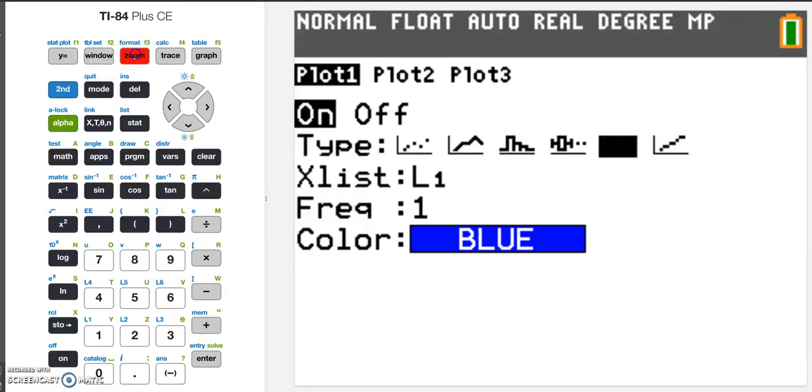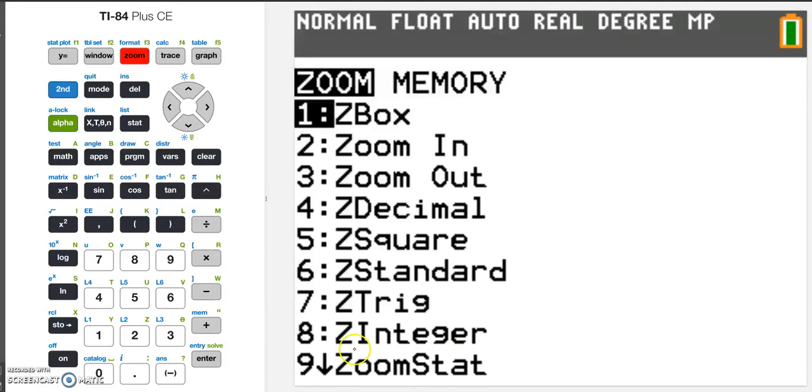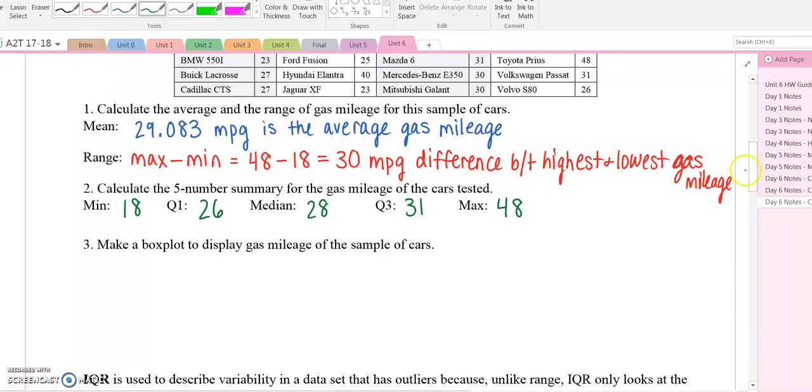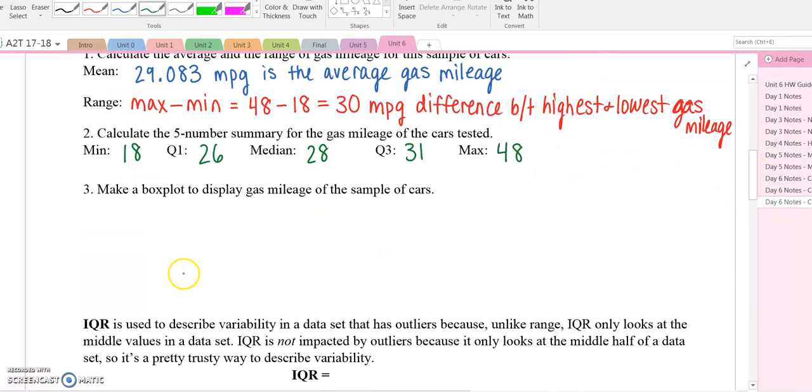Then if I press Zoom and scroll down to number 9, which is ZoomStat, that will give me my box plot. If you want to see the 5-number summary on there, just press Trace, and you can move along it and it'll give you the value on the bottom. When I draw mine, I'm going to want some labels, so I might as well just draw it by hand. There's my axis.